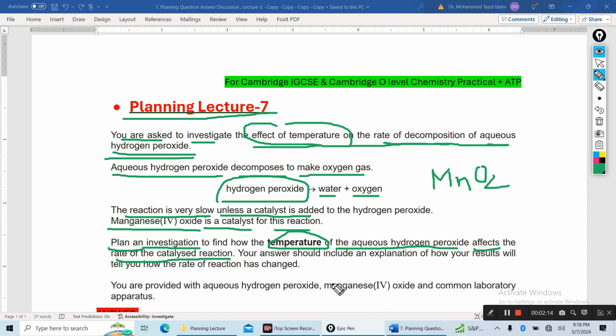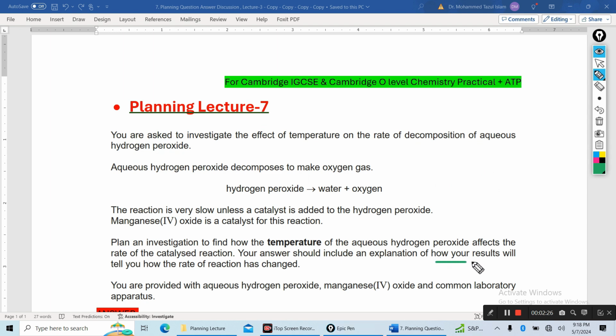Effect of temperature. Your answer should include an explanation of how your results will tell you how the rate of reaction has changed. You are given aqueous hydrogen peroxide, manganese peroxide and common laboratory apparatus.